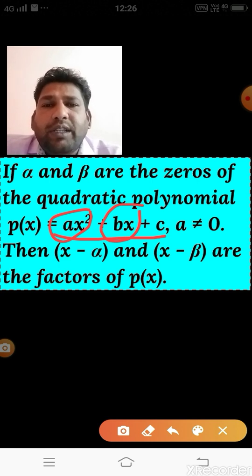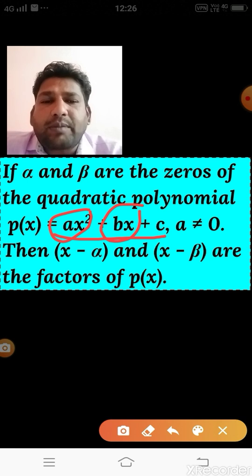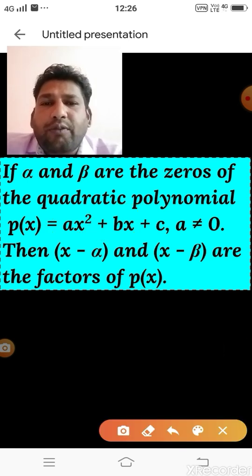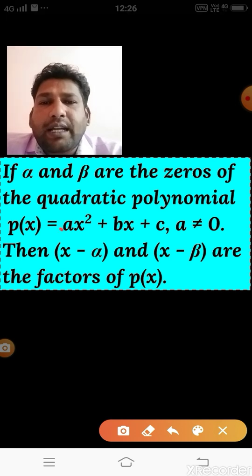When you are copying down in the fair notebook, then you should mention this. If you are taking a quadratic polynomial as ax square plus bx plus c, then a is the coefficient of x square, b is the coefficient of x, and c is the constant term.